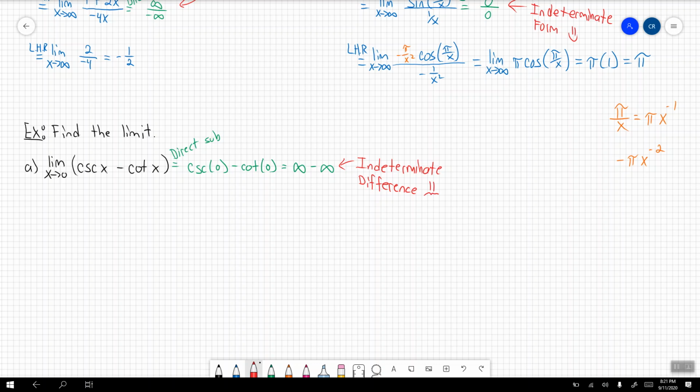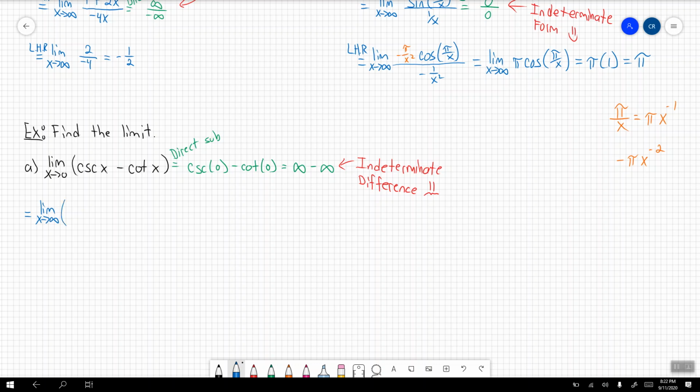We are going to be able to algebraically, or trigonometrically, manipulate this to arrive at the indeterminate form that we need for L'Hopital's rule. So let's see if we can do some algebraic or trigonometric substitutions here.